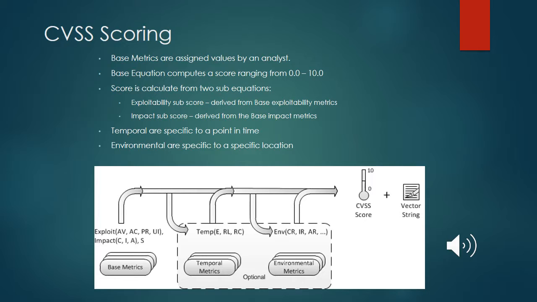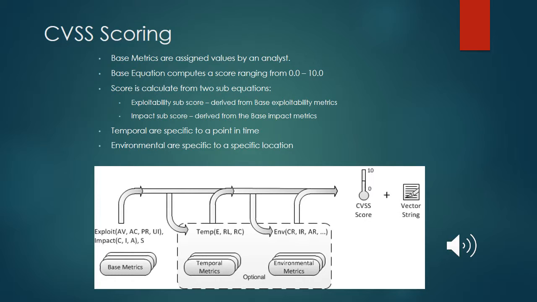These are metrics such as the attack vector, the attack complexity, the privileges required, and the user interaction. Then there's also the impact subscore. That is based on the impact the vulnerability has on confidentiality, integrity, and availability.